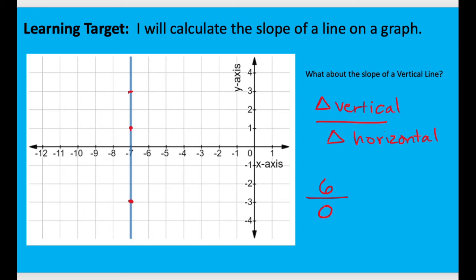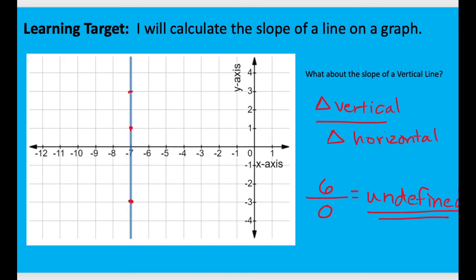Now, if you try on your calculator to divide any number by 0, so for example, on my phone calculator, I'm doing 6 divided by 0, I get a message that says error. That's because you can't divide by 0. So what you would say is that a vertical line has an undefined slope.